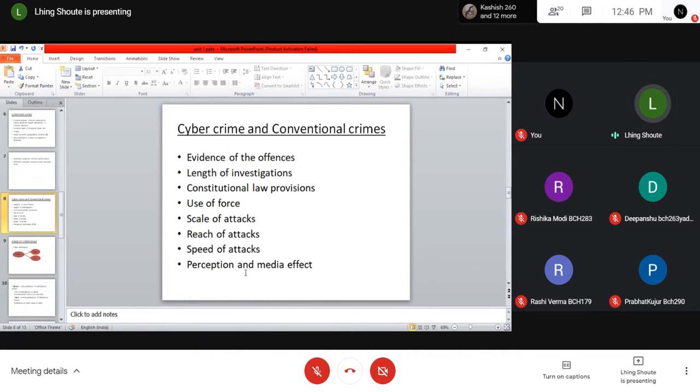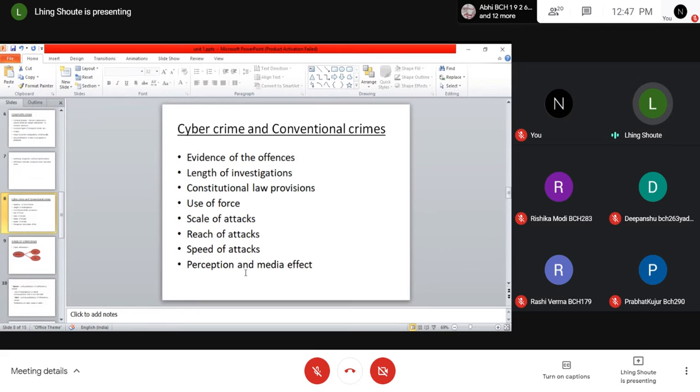Traditional criminals usually leave traces of a crime, maybe their fingerprints or other physical evidence. But cybercriminals mostly use the internet, and they leave very little evidence. So it's very difficult for forensic investigators to gather evidence that could lead to the conviction of cybercriminals, because they can freely change their identities.